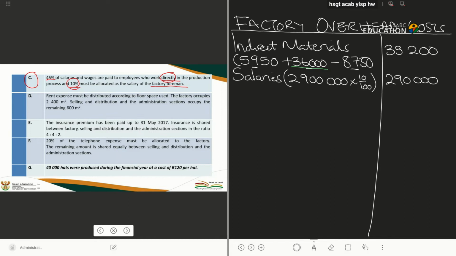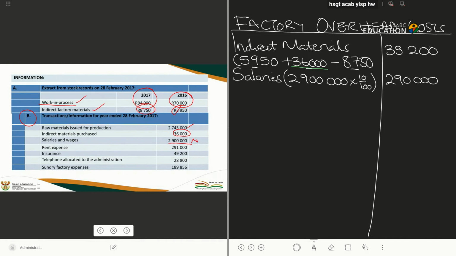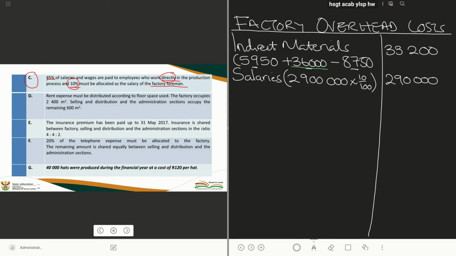All right. I will repeat what I've just said. We have salaries and wages which are given, and our salaries and wages are 2.9 million. But the information tells us when we go further that this 2.9 is supposed to be split. It says 45% goes to your direct.